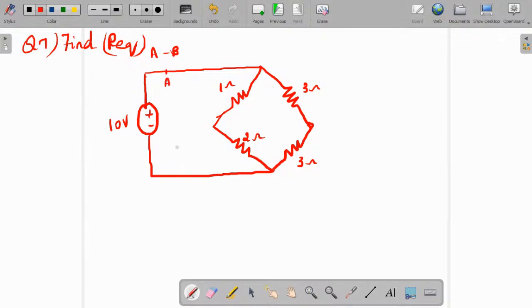So this is A and this is B. So what is asked is R equivalent across AB. Okay, so here you have two terminals, X and Y.